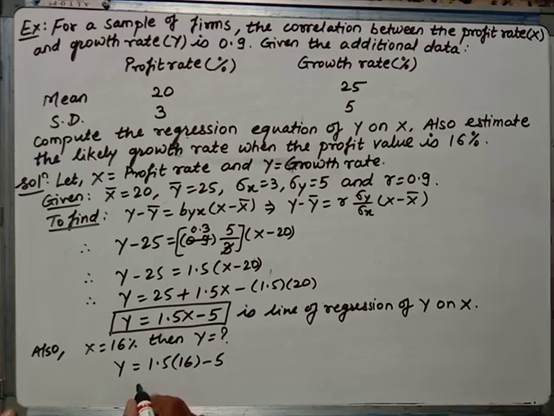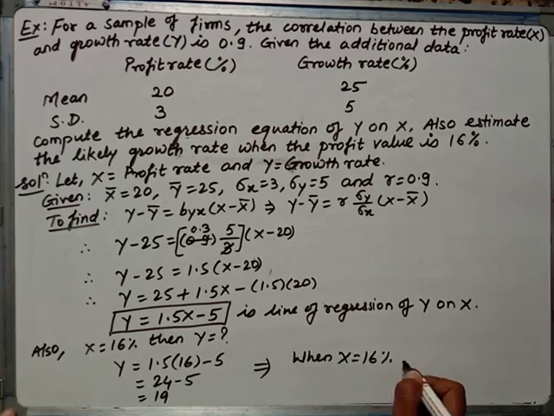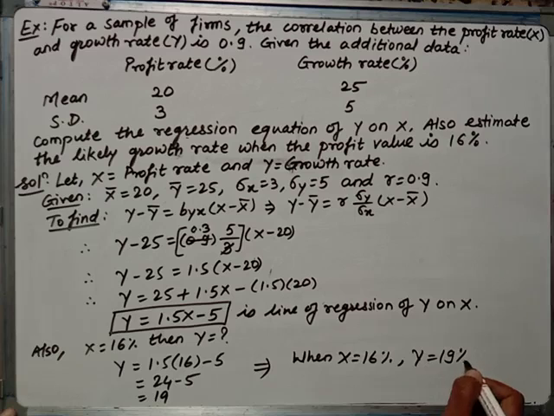This simplification is 24 minus 5, so this is 19. So we can say when x equal to 16%, y equal to 19%. This is the answer here.